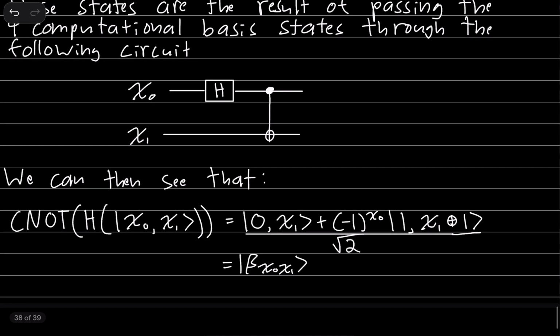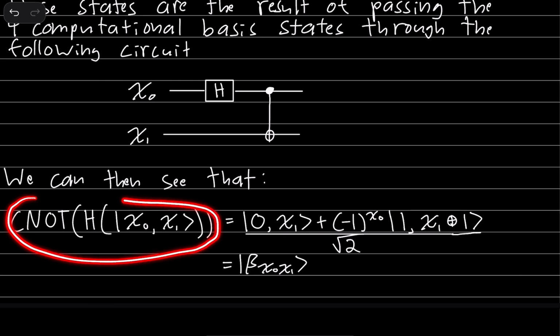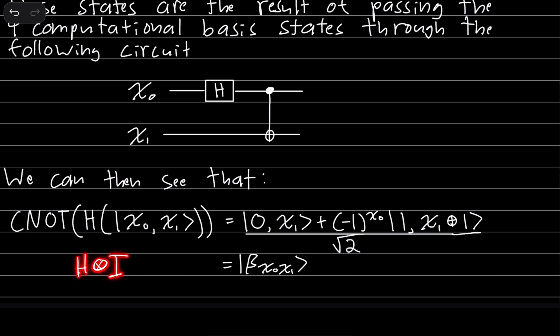We can see that this circuit diagram can be written as an expression. It's just applying a Hadamard to wire 1. This is kind of sloppy; this should be H tensor product with I, because we're only applying H to this wire and leaving this one untouched. Then we follow that up with a controlled NOT gate controlled on wire 0.